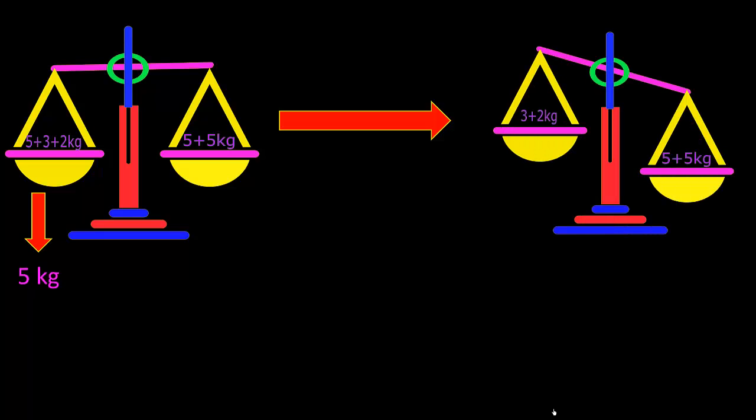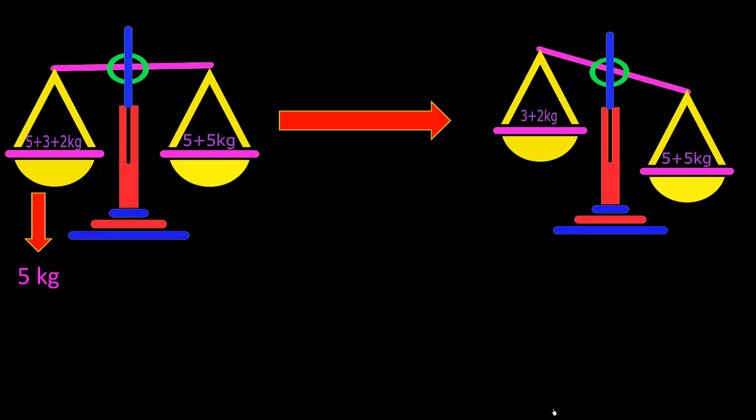We have a balance over here in which both sides we have an equal weight of 10 kg. But we have to take away 5 kg from one side like this. So now our balance would look something like this. We wanted to make it equal again. How would we do that?